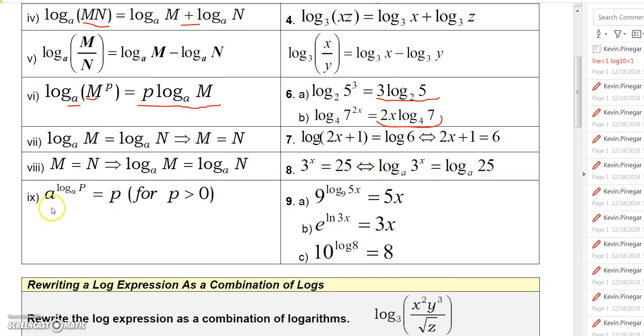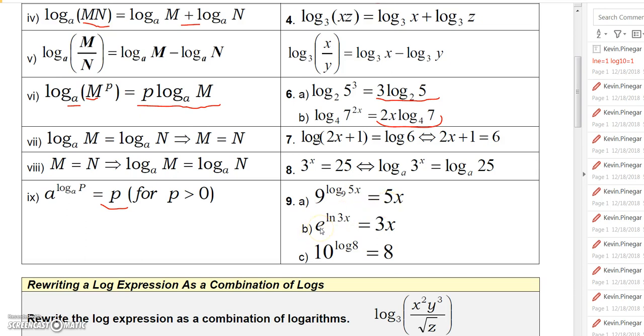Okay. And then this last one says that if you take a base a and raise it to the log of some argument base a, you just get back that argument. So for instance, if I took 9 and I raised it to the log of 5x base 9, since these two bases are the same, it'll just give me that argument, 5x.